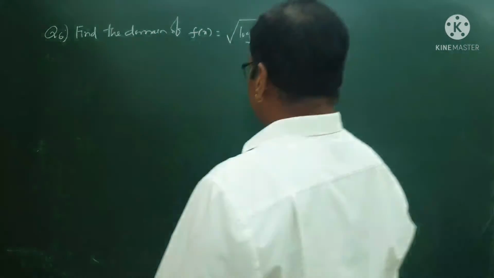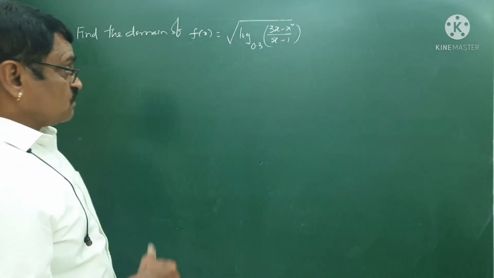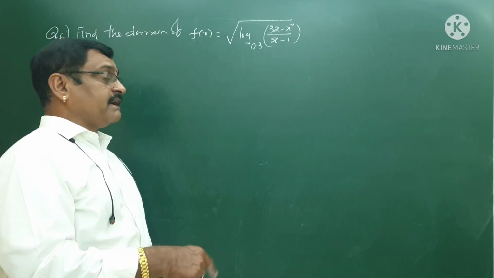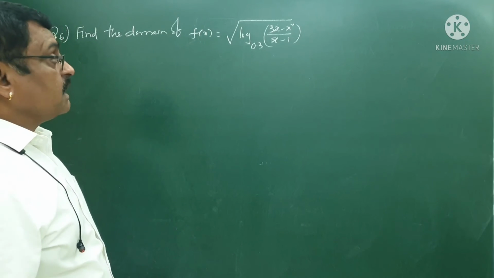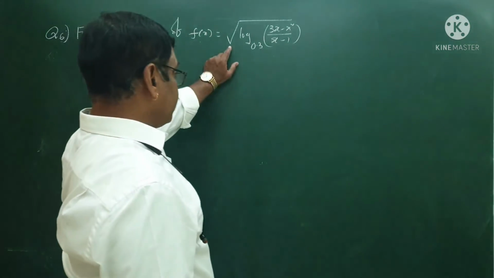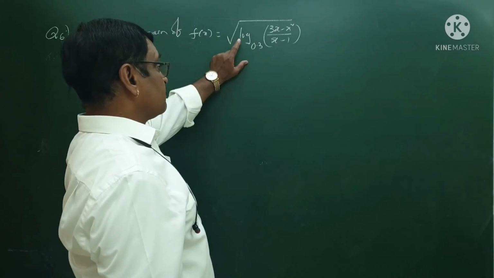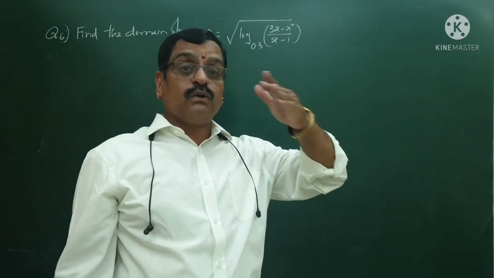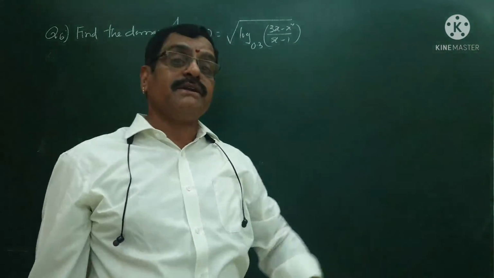Find the domain of f of x is equal to square root of log of (3x minus x square) by (x minus 1). Here, three functions are involved. Number one is a square root function, number two is a logarithmic function, number three is a rational function. You have to consider all these three conditions.